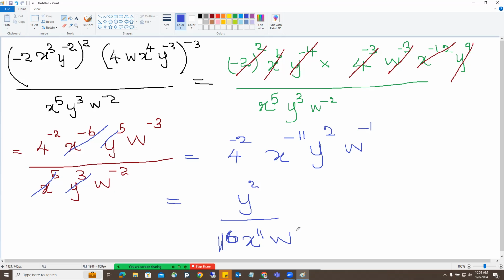Absolutely. Yeah, you have made it wrong. 4 x 6 y minus 4, 4 minus 3 w minus 3 x minus 12 y 9, divided by x5 y3 w minus, okay, very good.